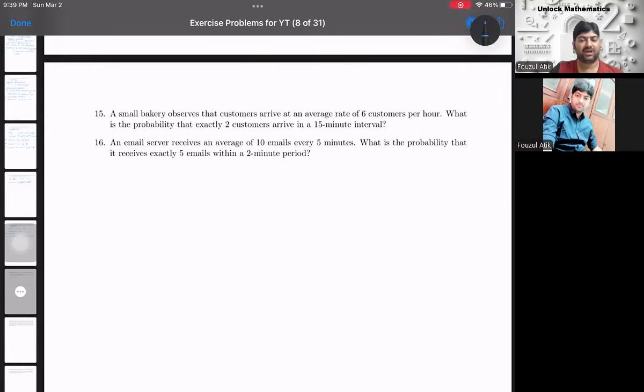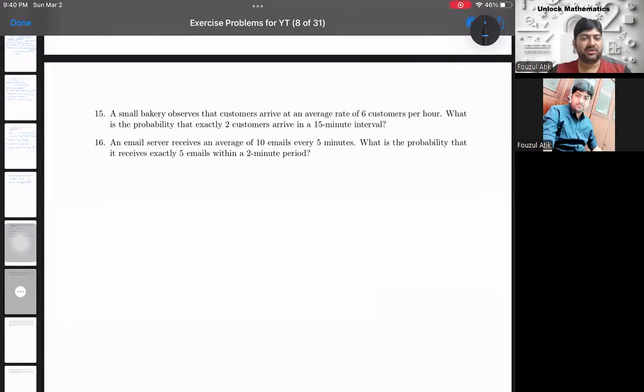The Poisson random variable has a probability mass function with parameter lambda: e to the power minus lambda into lambda to the power k divided by k factorial. We also know that the parameter lambda is the average value, or its expectation.